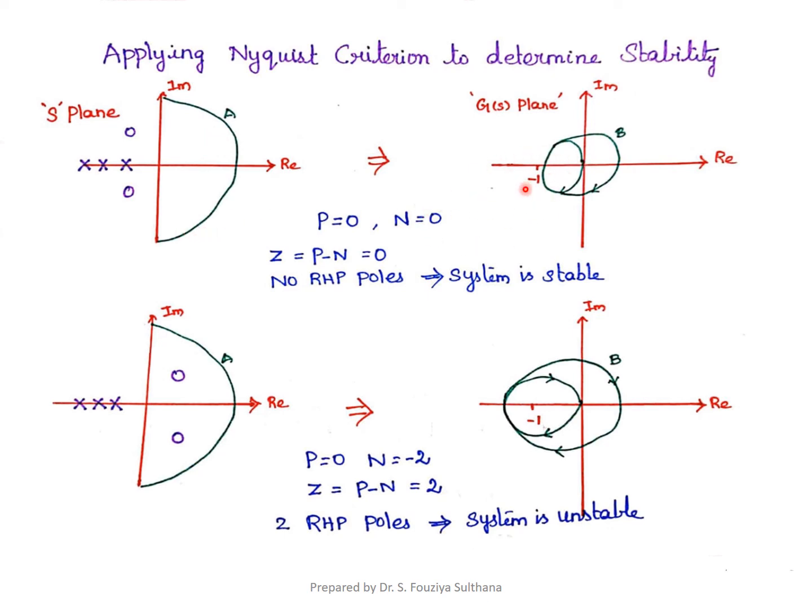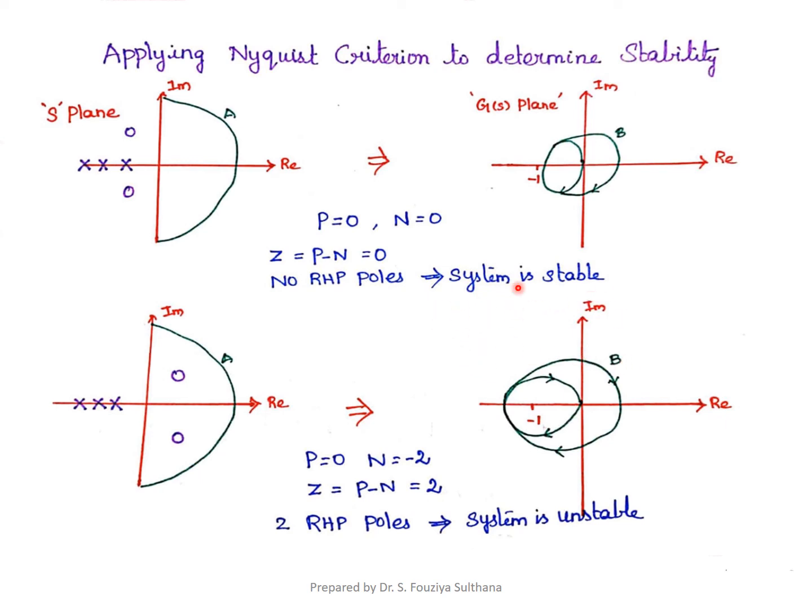So N will also be equal to 0. When we substitute in Z equal to P minus N, Z will be equal to 0. Z is the number of closed loop poles. So the number of closed loop poles in the right half plane is 0. When there is no pole in the right half plane, the system is said to be stable.